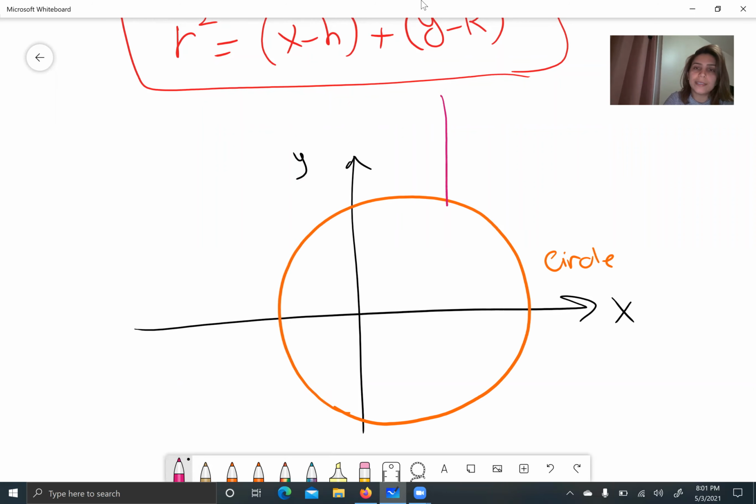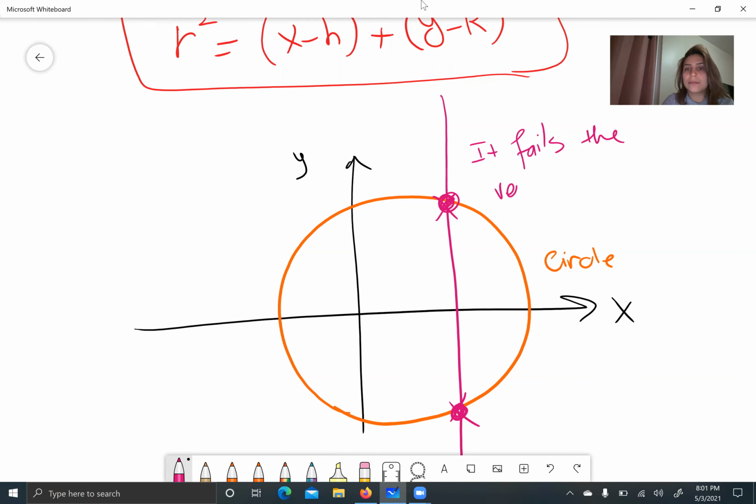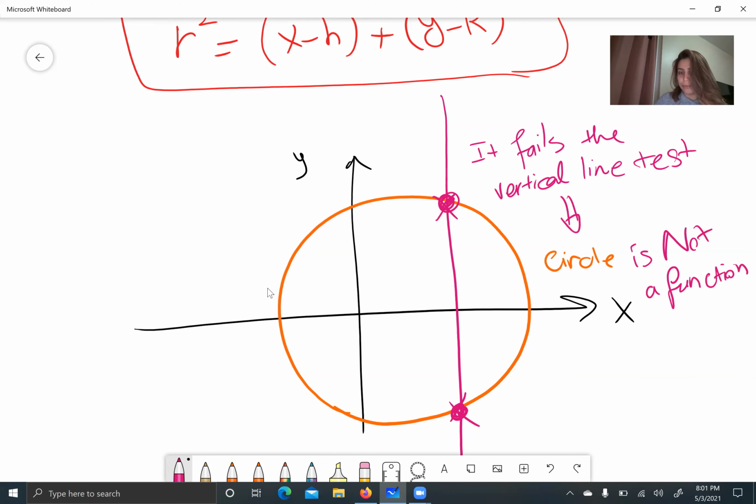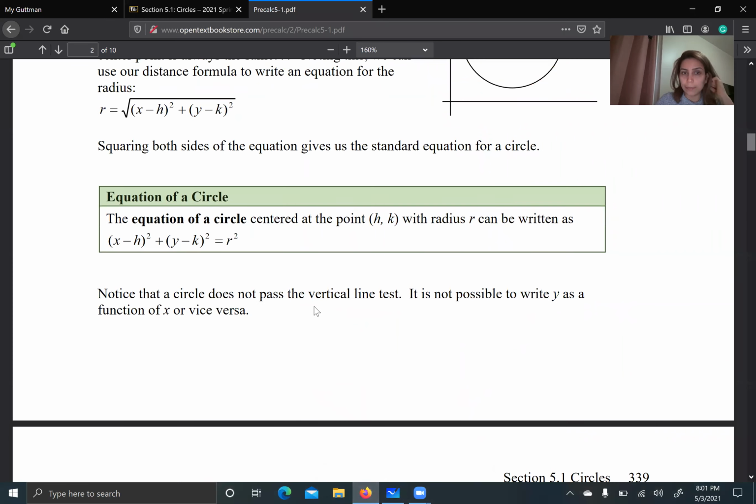If you draw a vertical line, it intersects the graph at 2 points, at more than 1 point. So it fails the vertical line test. Therefore, a circle is not a function. So yes, we draw the graph. Yes, this graph has a formula, but it's not a function. Just keep that in mind.